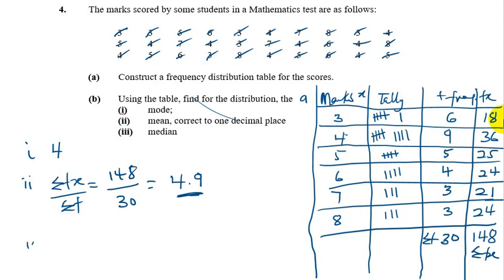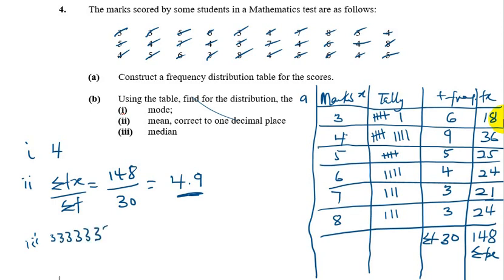Our third one is to find the median, that is the middle number. With that one we can choose to list all the numbers. So we go like this: for 3, we have 6 times, 1 2 3 4 5 6.